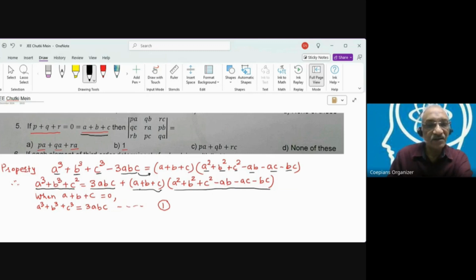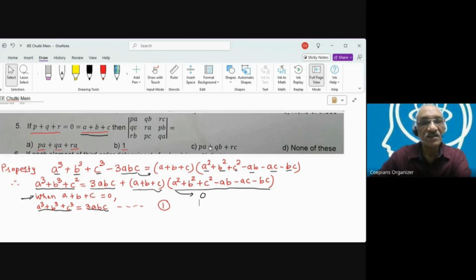Then the left hand side, which is a cube plus b cube plus c cube, becomes 3abc, because this particular part becomes 0. So this property we are going to use for expanding the determinant or solving this problem. So let's get started.